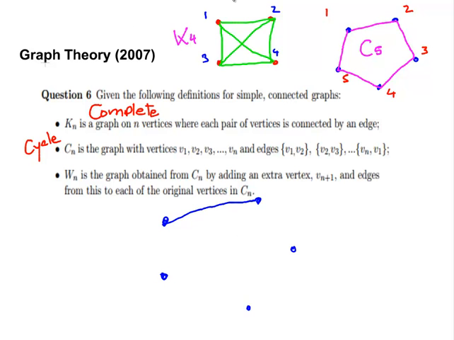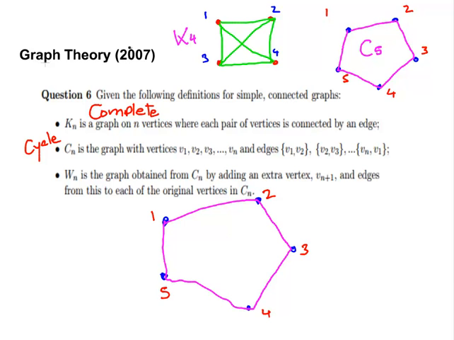Let's put that in magenta. Now what has happened here is that an extra vertex is added.